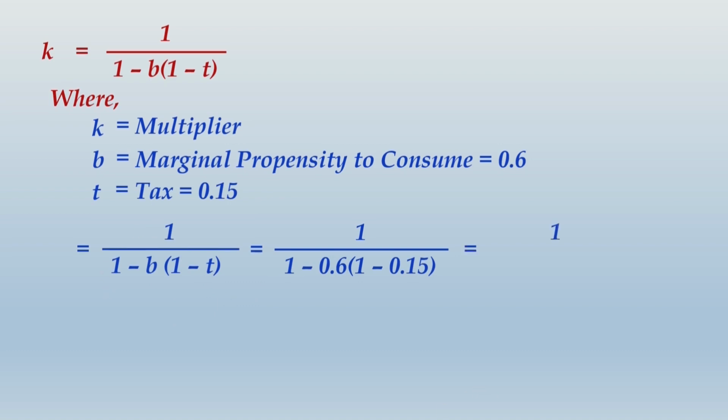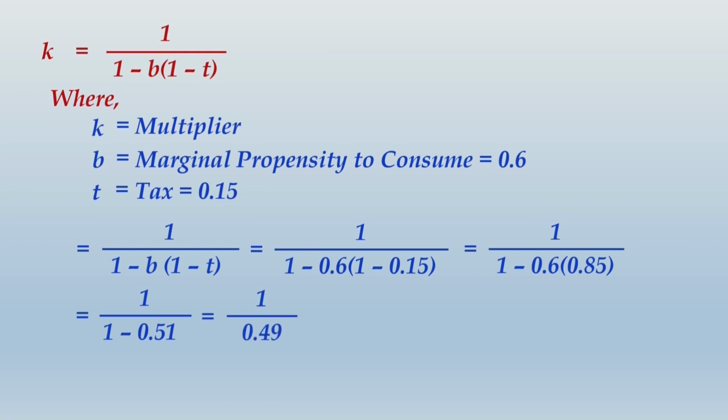That norm you must always follow, and when you do that, what you get is 1 minus 0.51 as the denominator. So in the denominator, 1 minus 0.51 will eventually give you 0.49. So the multiplier value will be 1 divided by 0.49. This is what I have told you earlier as well, and that investment multiplier value comes to 2.04 approximately.